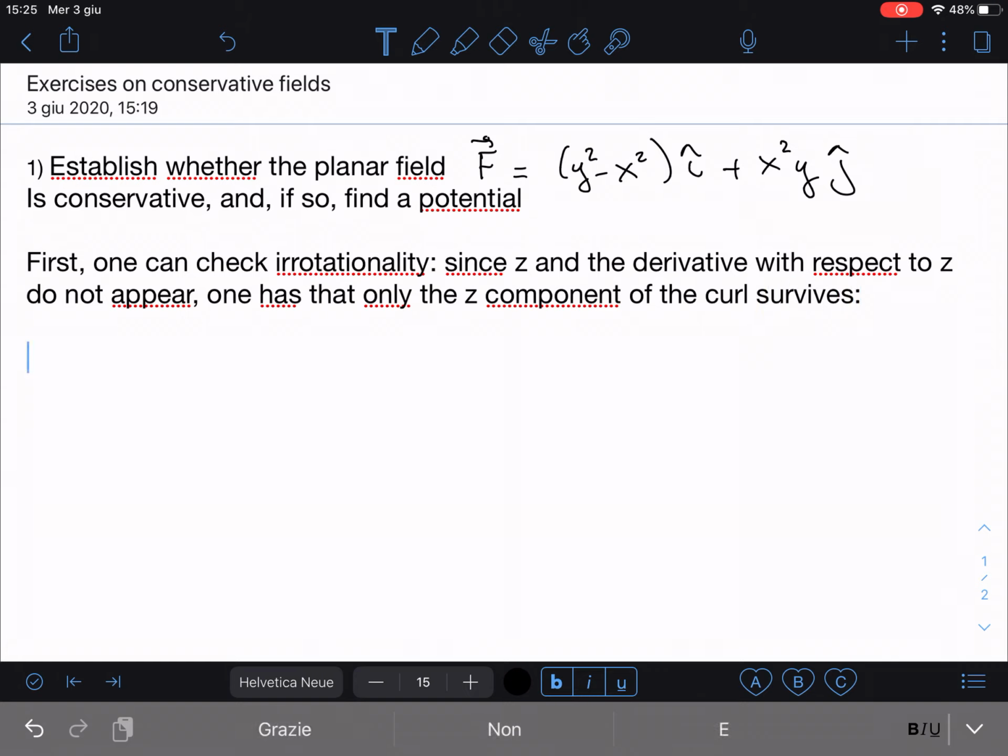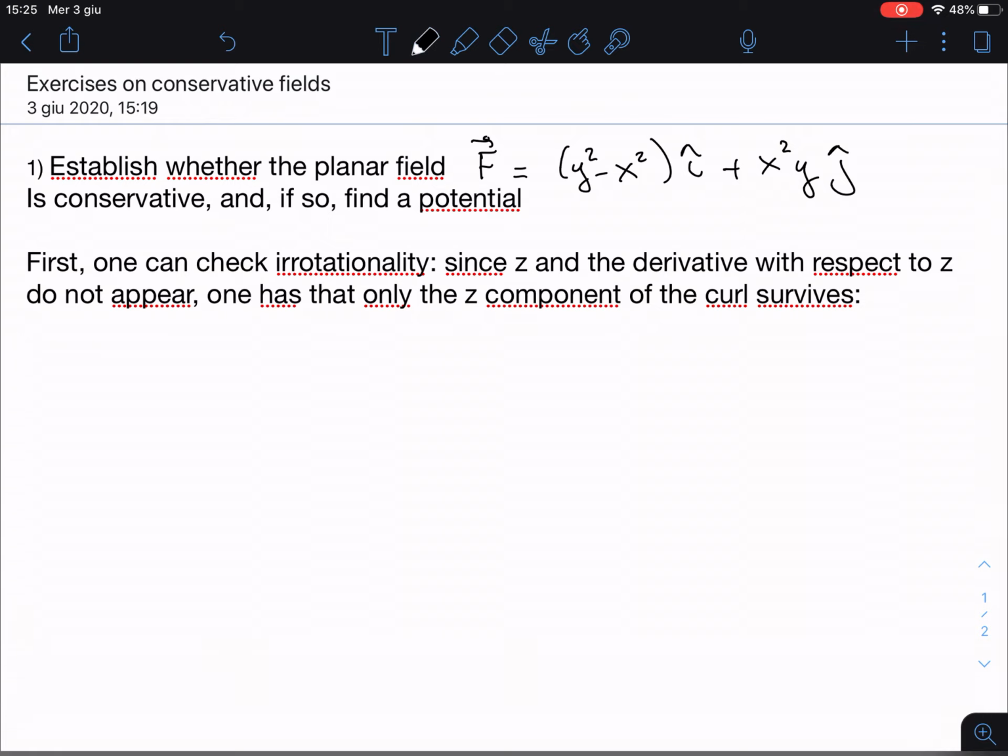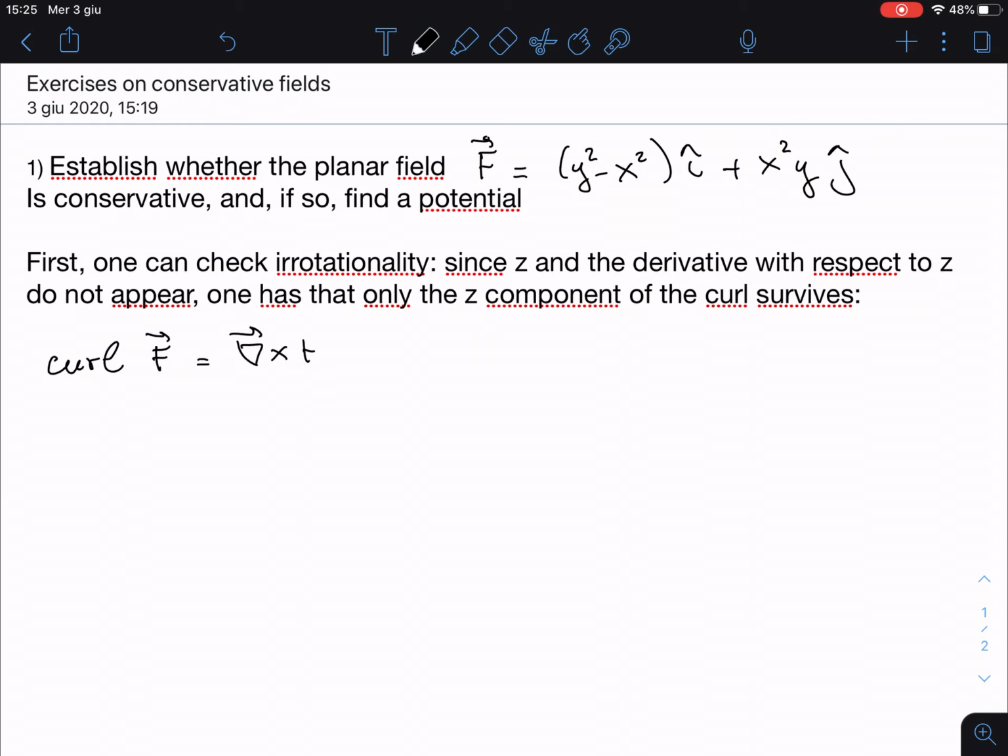So I recall to you the reason for what I wrote here. In general, the curl of a vector field F, which means nabla vector F, has a first component, which is dy f3 minus dz f2.